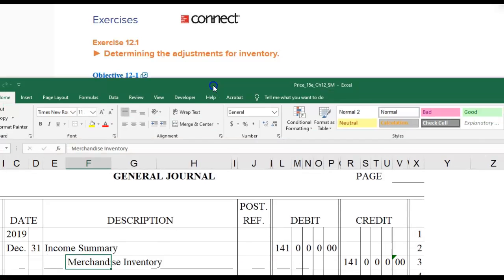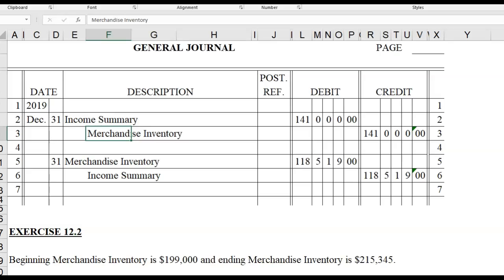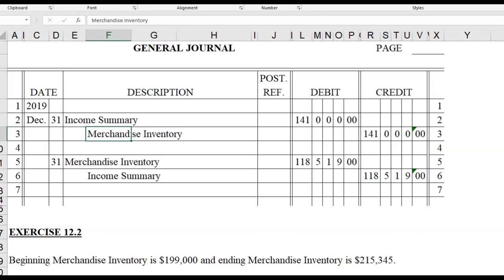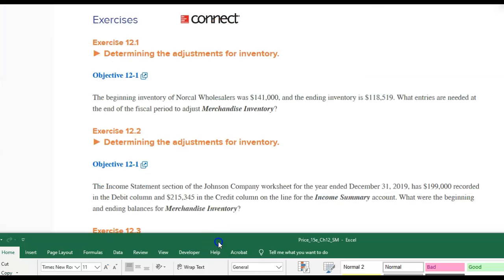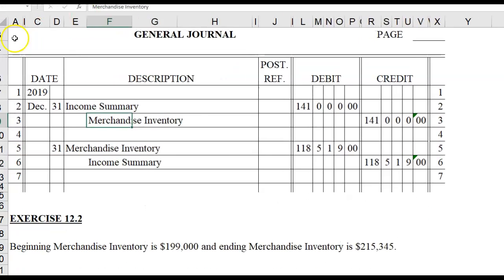Leaving the balance in the income summary account 199 for the debit side and the credit side being 215,345. Okay, so it's the same problem as 12.1, except that we wrote it out instead of made it a journal entry.